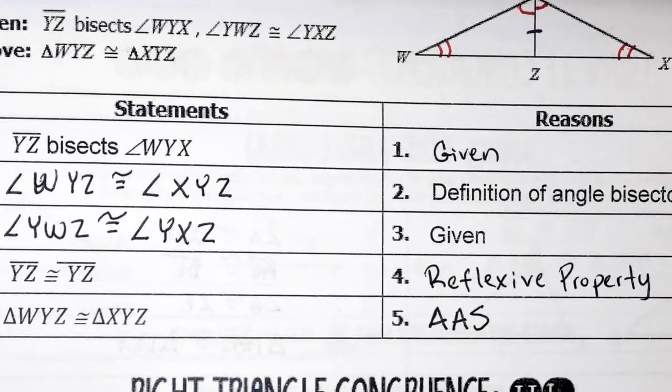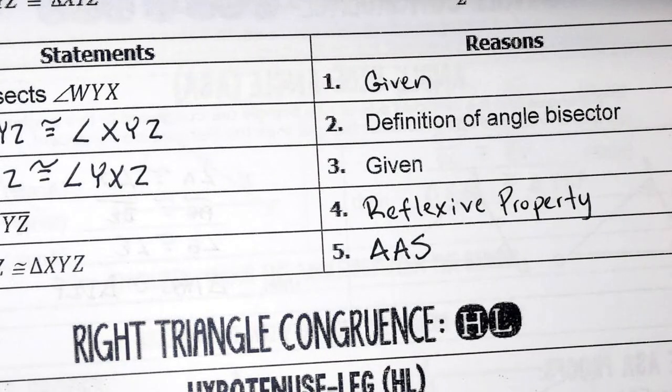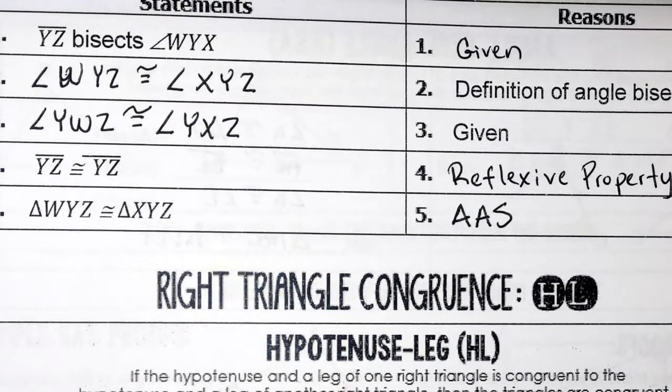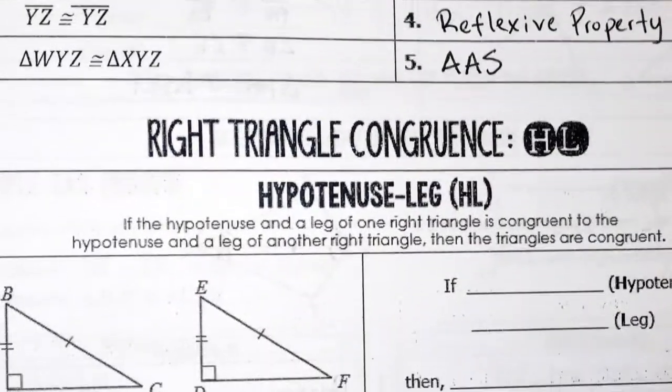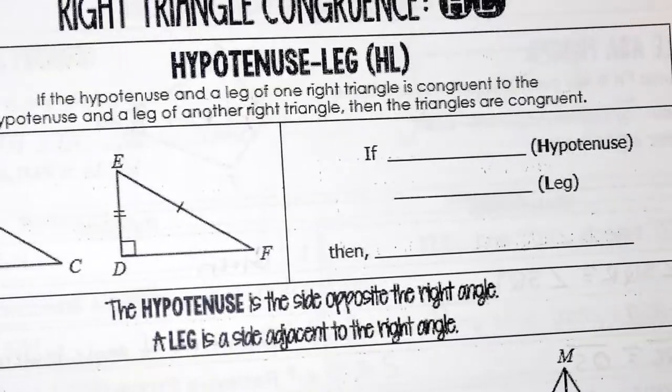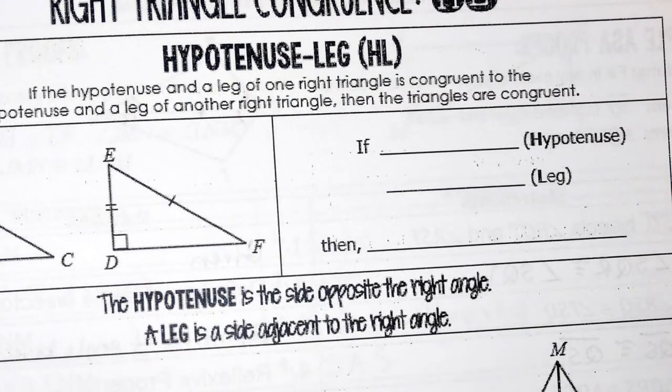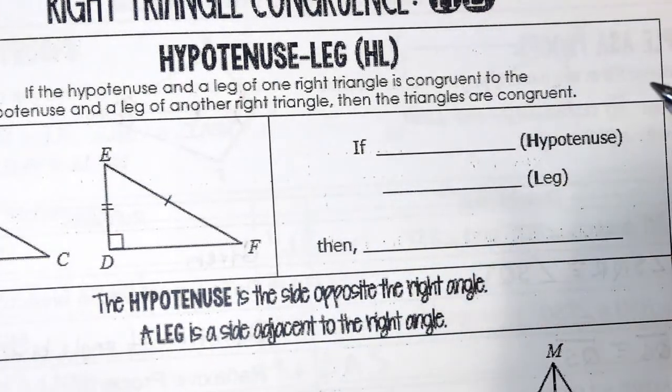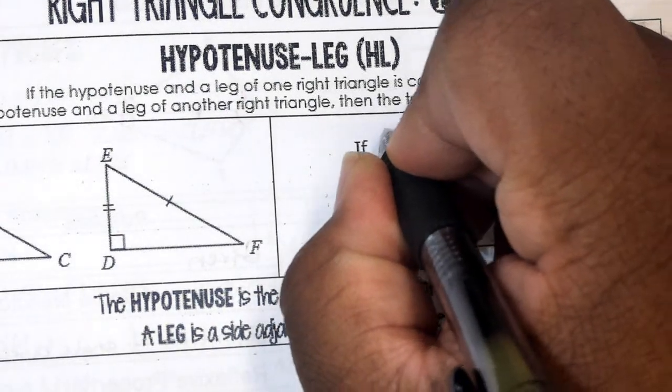Last but not least, HL. Hypotenuse leg. Remember, for hypotenuse leg, it has to be the hypotenuse and one of the legs marked congruent. So if the hypotenuse and the leg of one triangle is congruent to the hypotenuse and the leg of another triangle, then the triangles are congruent. It has to be a right triangle. Then you have to have the hypotenuse, which on this one is BC.